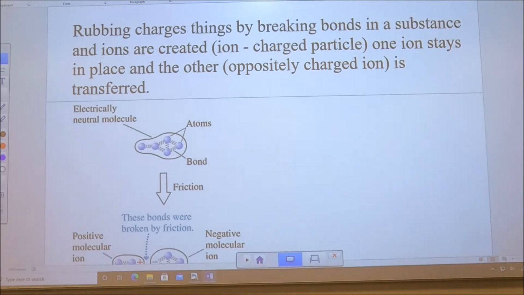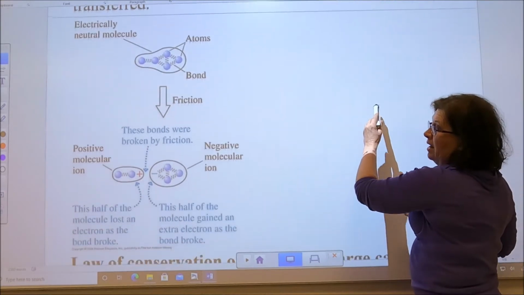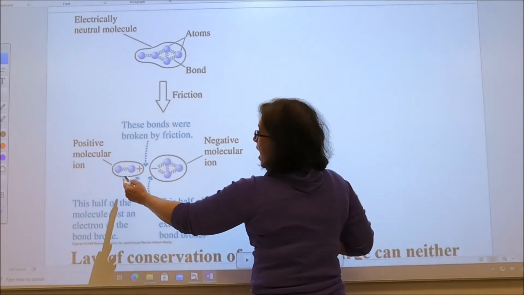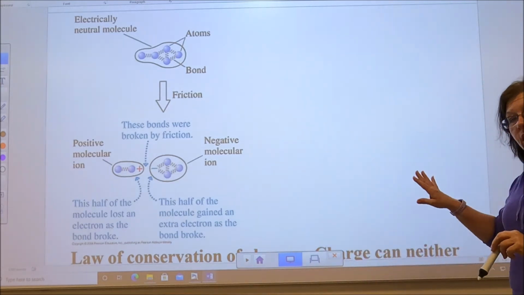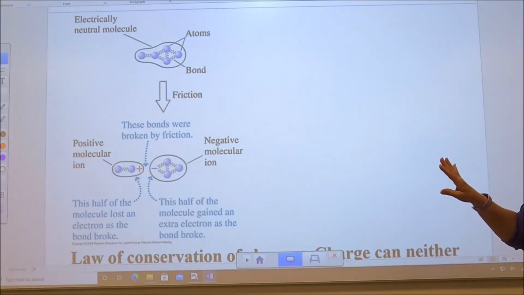And when we break bonds, usually the two electrons that were in the bond go with one of the atoms and not the other. So you end up with a positive molecular ion and a negative molecular ion. One goes with one of the objects, one goes with the other.